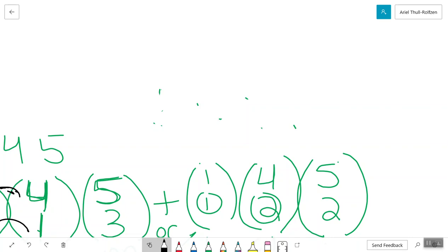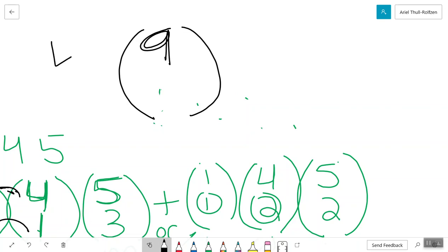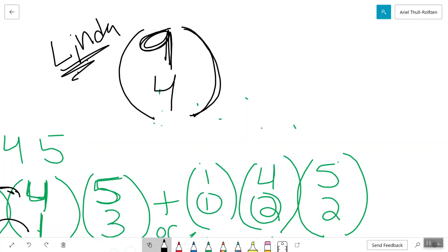If we pull Linda out of the population and out of the committee, because she must be chosen, there are only 9 people left to choose from, because Linda is over here. Linda is a certainty, but the other 9 are only possibilities. So if Linda is pulled from the population, 10 minus 1 is 9. And then we'll have a 4 down here. We pulled Linda. We have a committee of 5. So 5 minus 1 is 4.